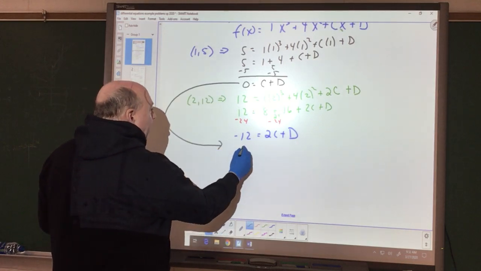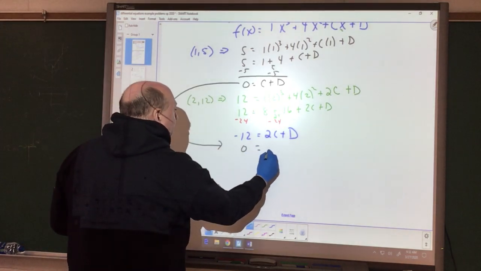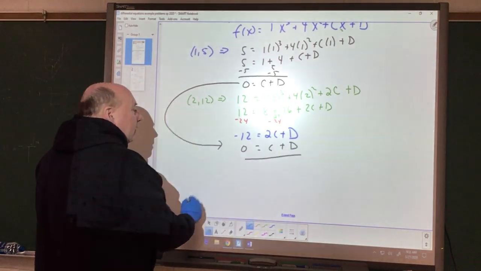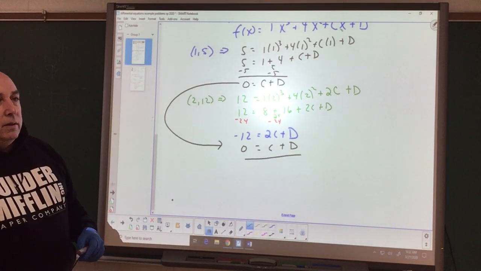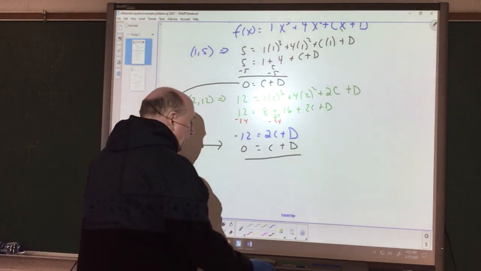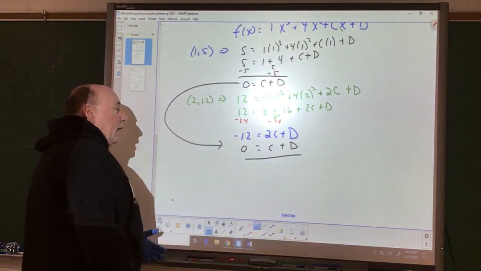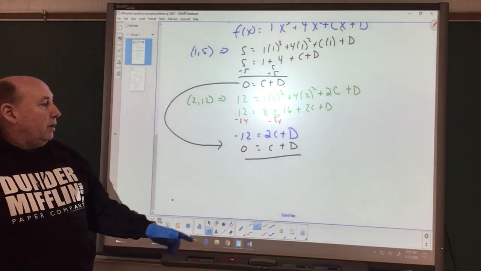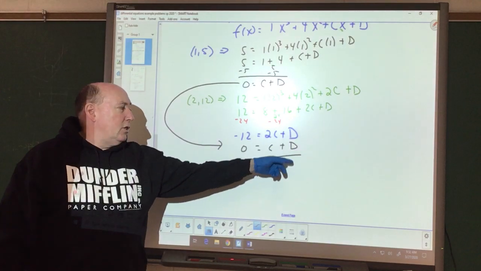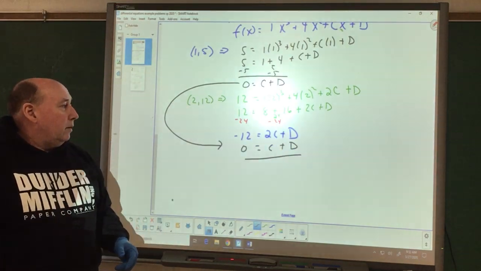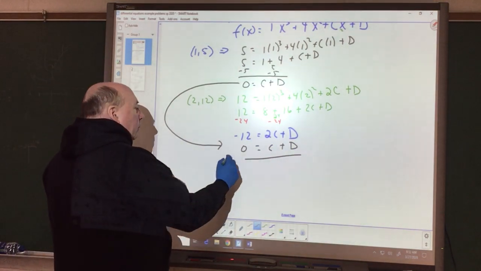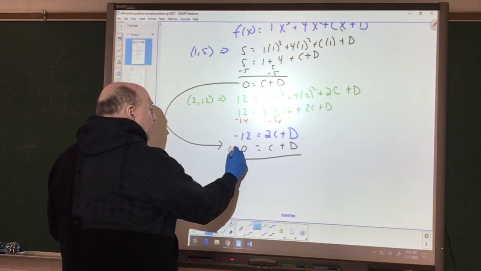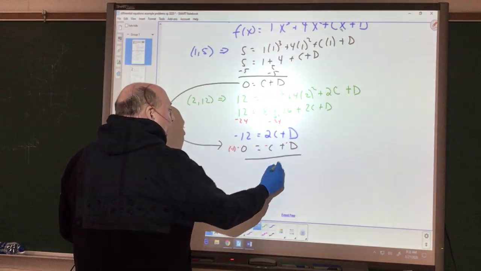Bringing this down, we have 0 is equal to c plus d. And we could do any method. We could do substitution. What I usually do is elimination. And with this, you can eliminate a d real quick. So if I multiply through by -1, we have negative, negative, and negative.